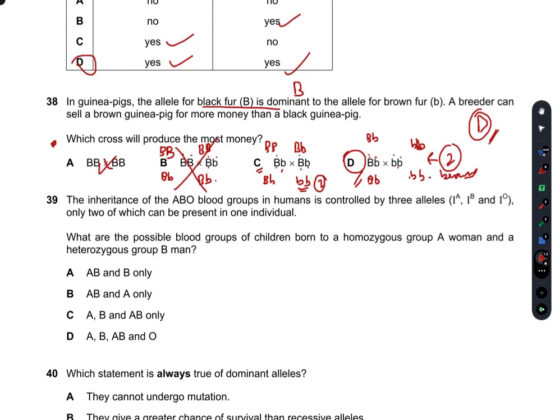The inheritance of ABO blood groups in humans is controlled by three alleles, IA, IB, and IO. Only which two can be present in one individual? What are the possible blood groups of children born to a homozygous group A woman and a heterozygous group B man? Homozygous group A woman means both are capital IA, and a heterozygous group B man means IB along with a small i.